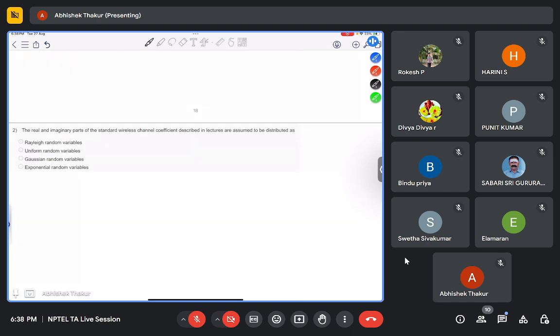Now the option B: the real and imaginary part of the standard wireless channel coefficient described in lectures are assumed to be described as Gaussian random variables. We will solve this question.